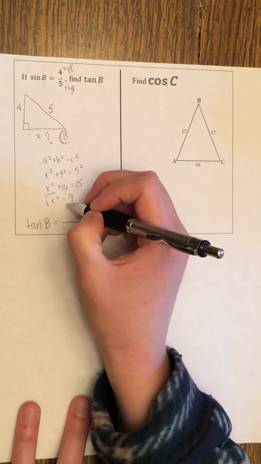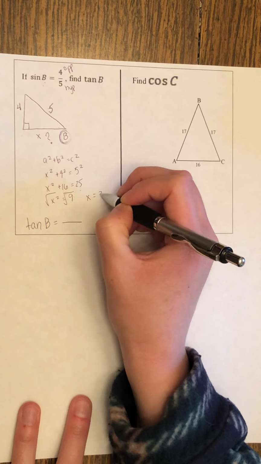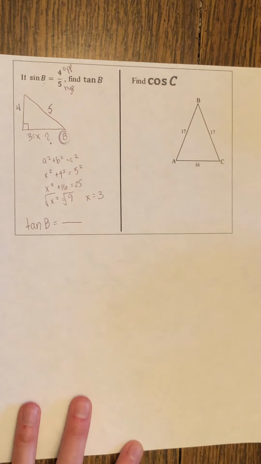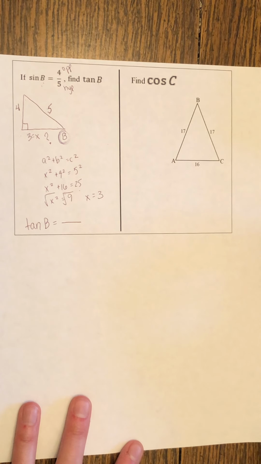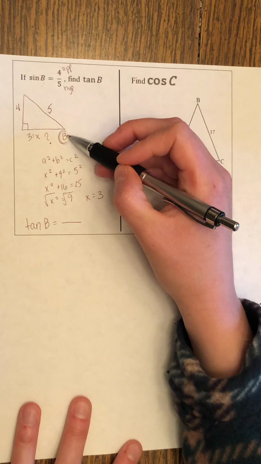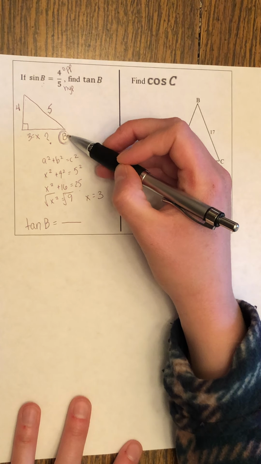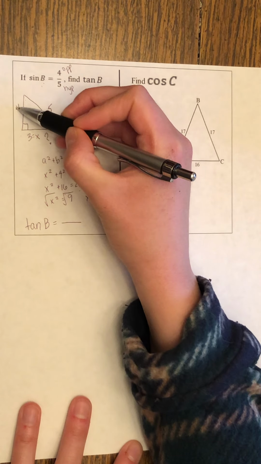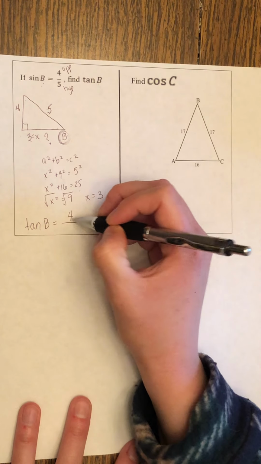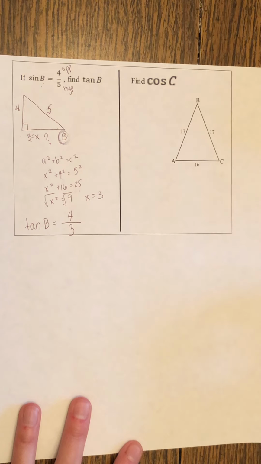Take the square root of both sides. I only want to consider the positive root because these are side lengths. So I get x is equal to 3. So again, going back to my main goal here is to find the tangent of angle B. Tangent is opposite leg length over adjacent leg length. So this would be 4 over 3.